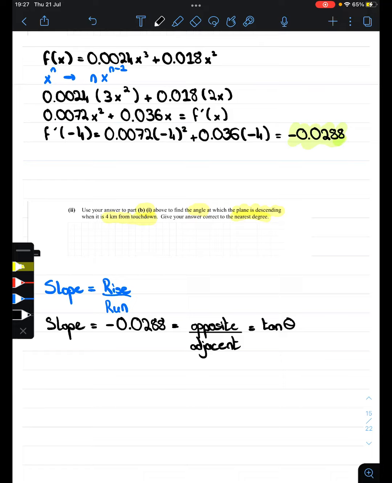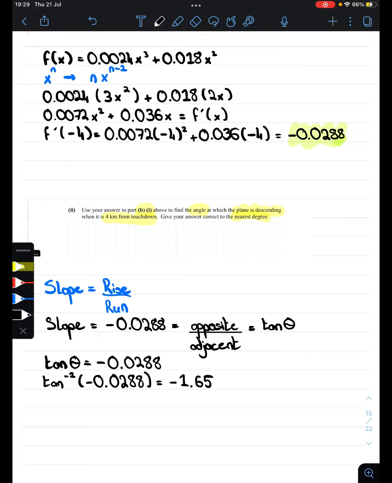And so tan of theta is equal to minus 0.0288. Now we can just use the tan inverse function on our calculator. Tan inverse of minus 0.0288 will give us minus 1.65 degrees.